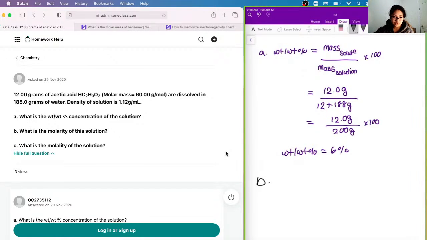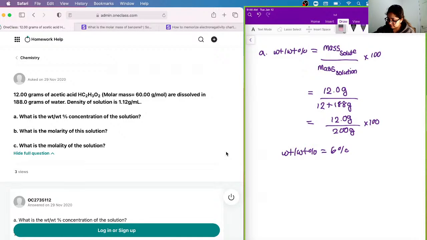what we have is what is the molarity of this solution? And so molarity is basically the ratio of the number of moles, which is equal to the mass of solute divided by the molar mass of the solute, and the volume of the solution in liters.